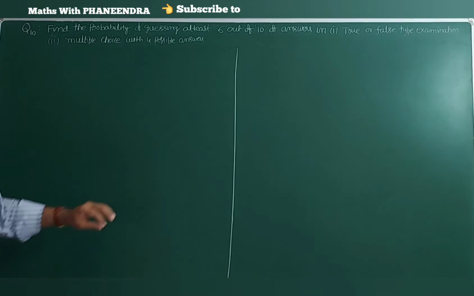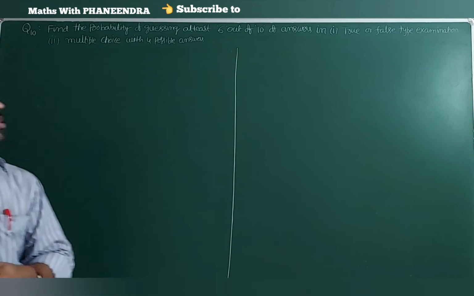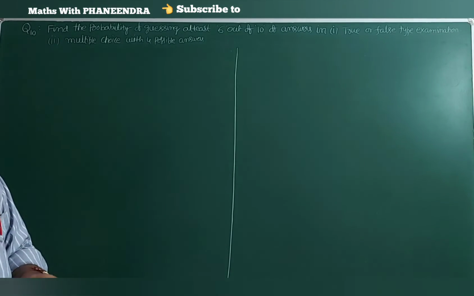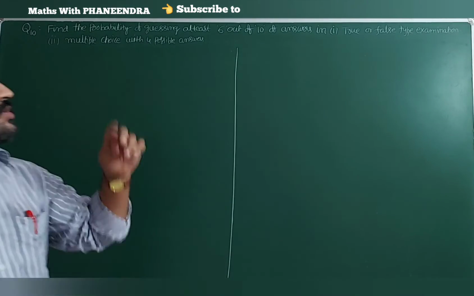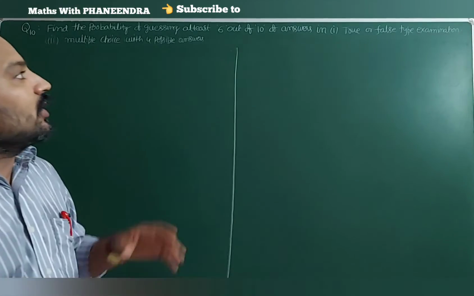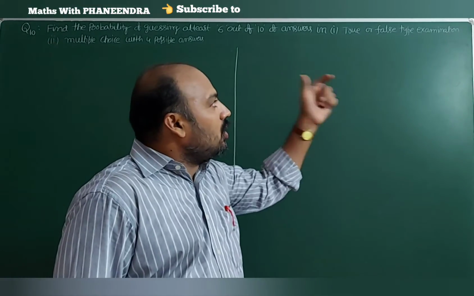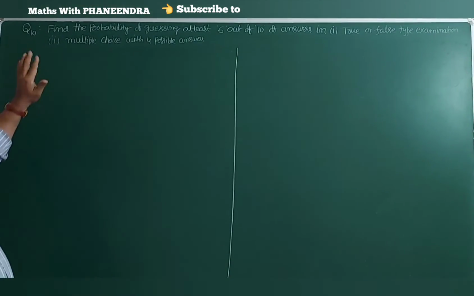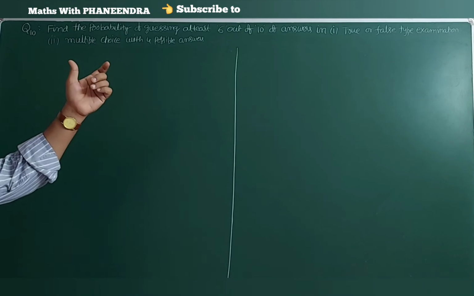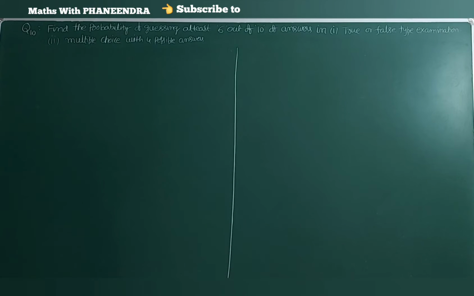The next question: find the probability of guessing at least 6 out of 10 answers in a true or false type of examination. Second one is multiple choice with 4 possible answers. So total 10 answers are there, so n is equal to 10.